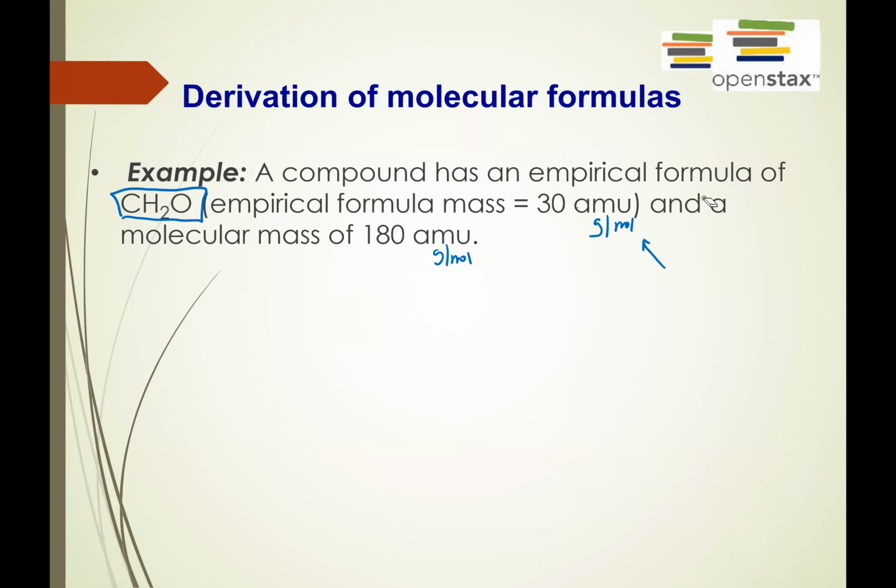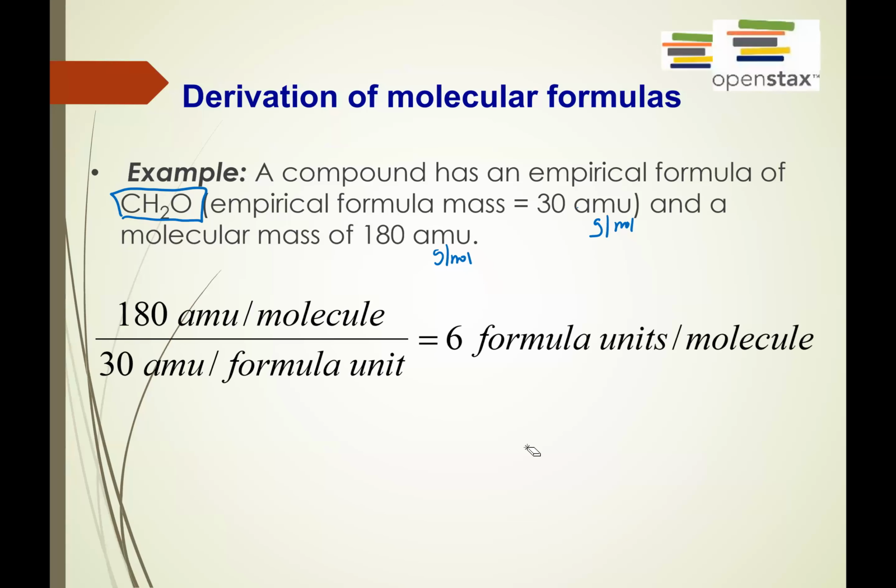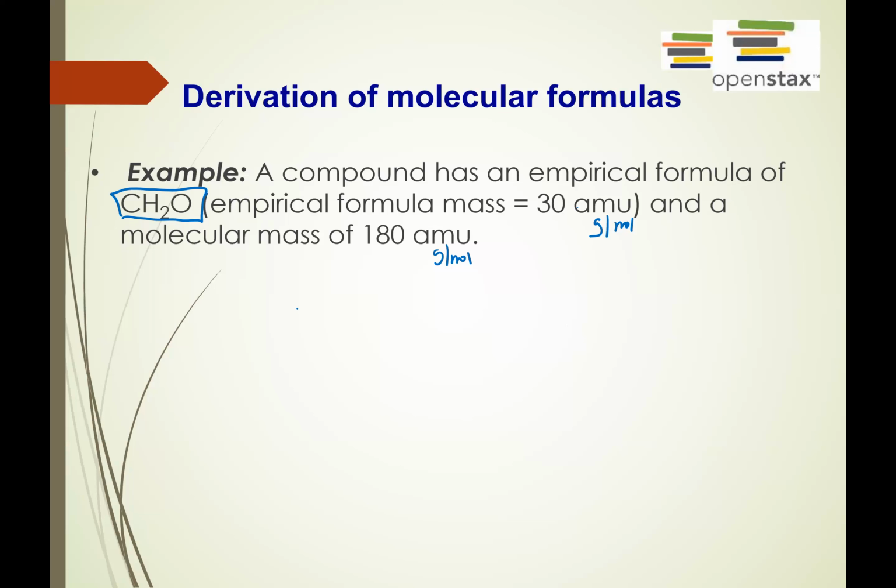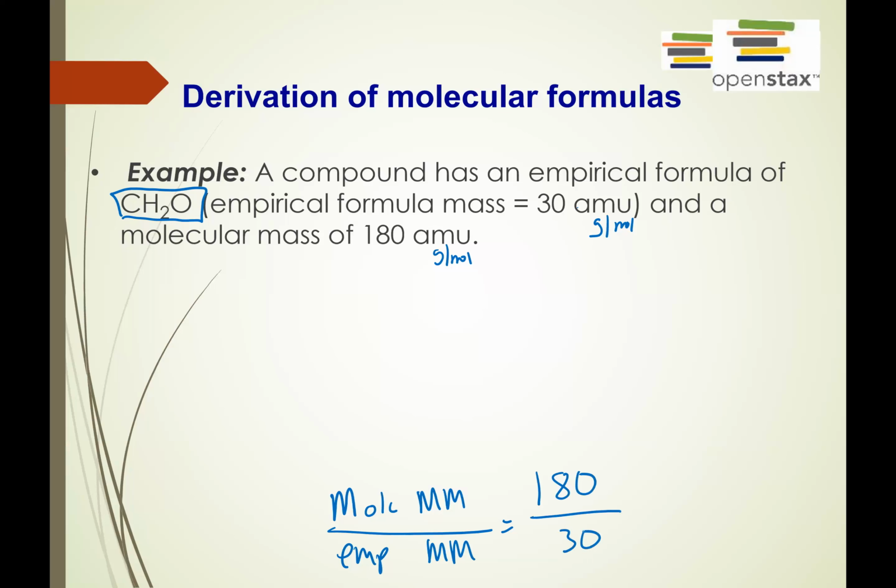So AMUs and grams per mole, same thing as the periodic table. So if we look at our formula, molecular formula molar mass over empirical formula molar mass. Which one's going to go on top? 180 or 30? 180, always the bigger one. 30 goes on the bottom, and that's going to give us a number.